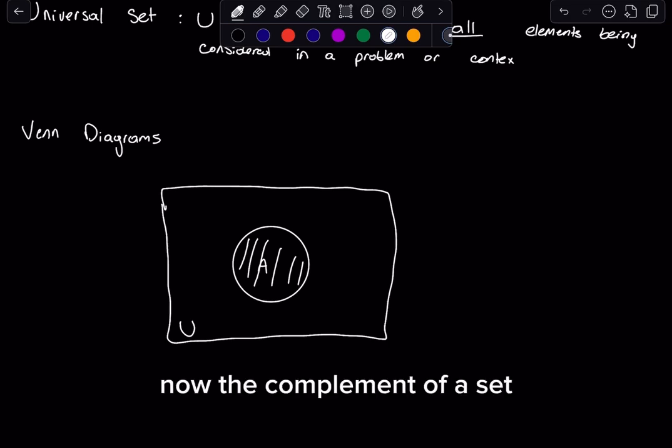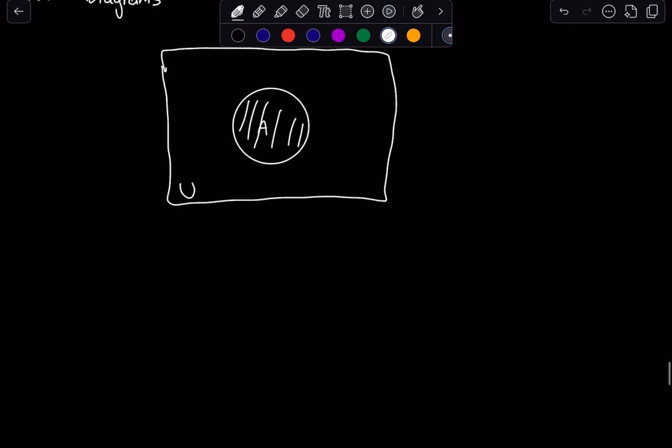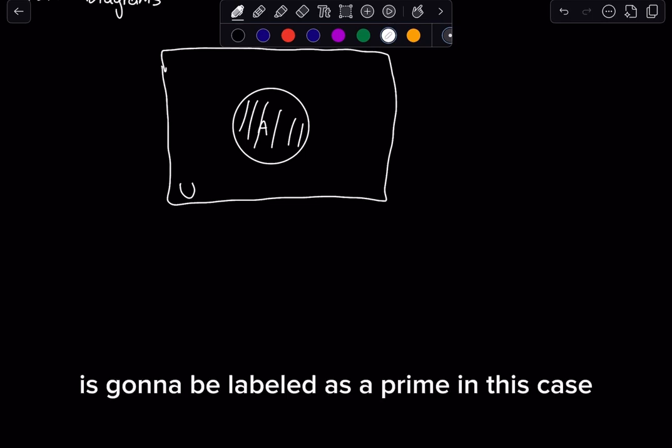Now, the complement of a set is going to be labeled as A prime in this case.